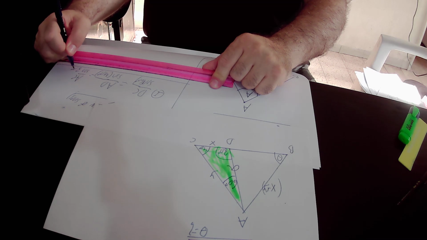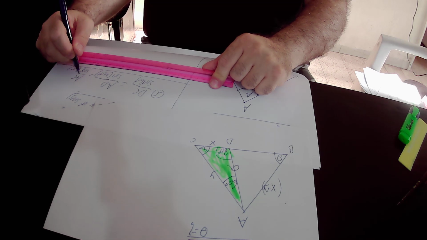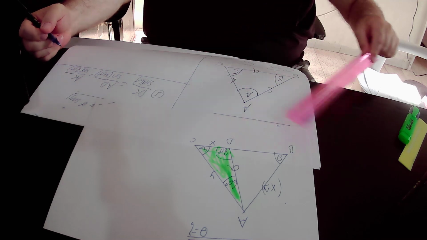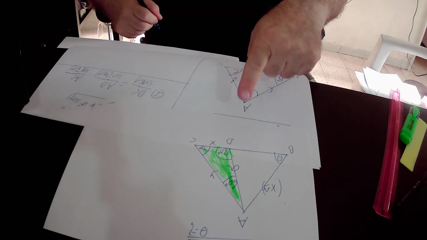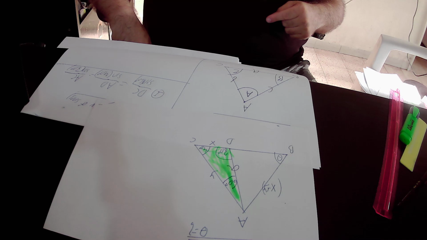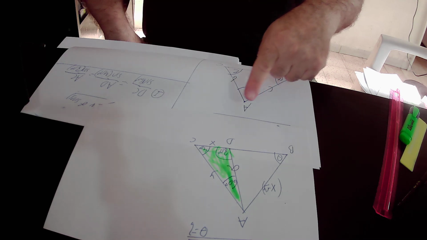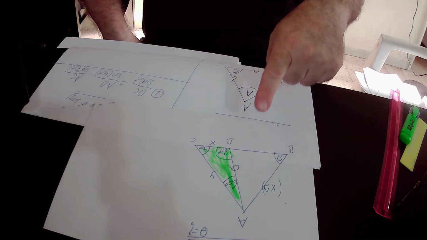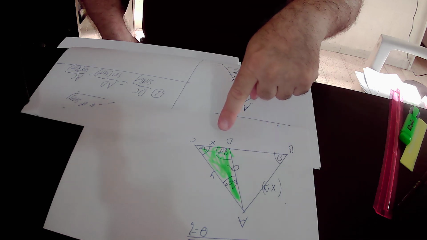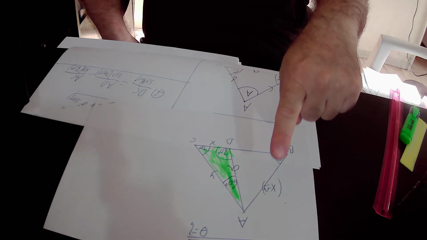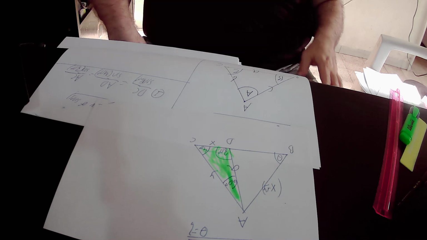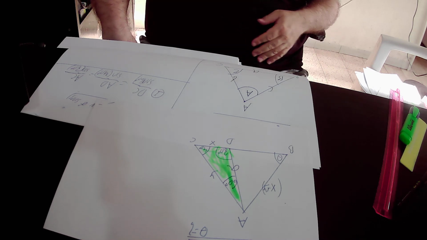Okay, this is equation number 1, the implementation of the law of sines in the green triangle ADC. So according to the law of sines, DC over sine 60 degrees equals AD over sine 40 degrees equals AC over sine 80 degrees.